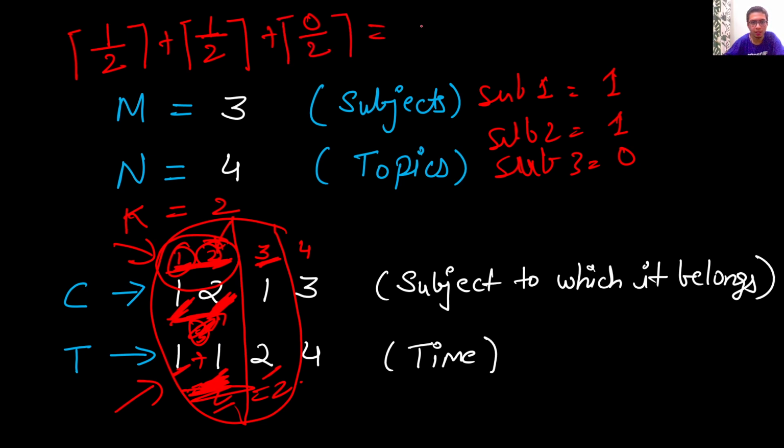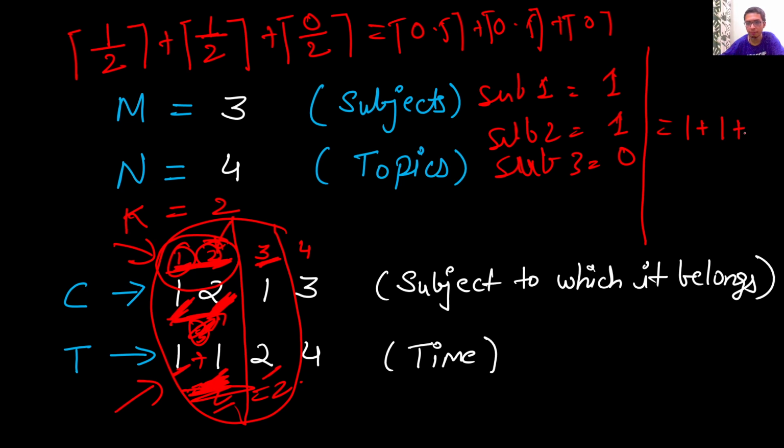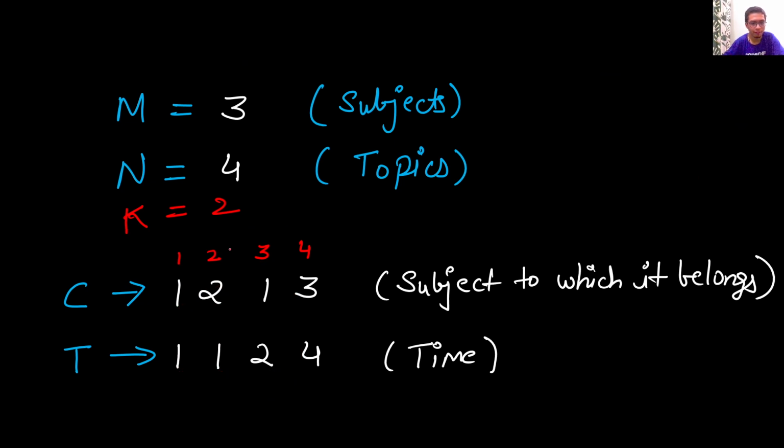So this would be 0.5 and the upper bound of this plus 0.5 and the upper bound of this plus 0 and the upper bound of this, right? So this would result in 1 plus 1 plus 0, which is 2. So if I consider this case, then my total score would be 2.